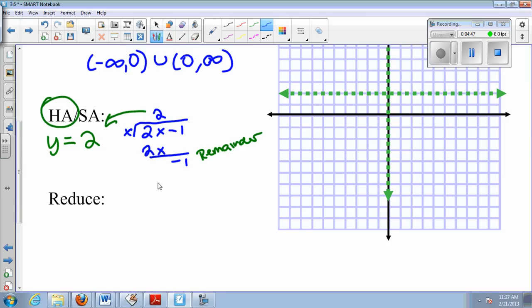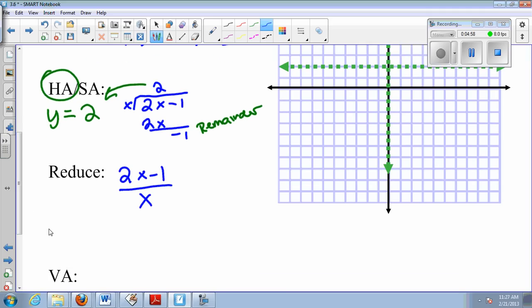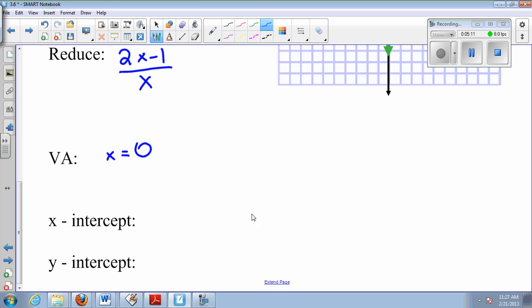It says to reduce, cancel out factors. There is nothing we can cancel, so it's just 2x minus 1 over x. Our vertical asymptote, which we found from our domain already, is x equals 0. Already have that put in. To find the x-intercept, we take the numerator, 2x minus 1, set it equal to 0.